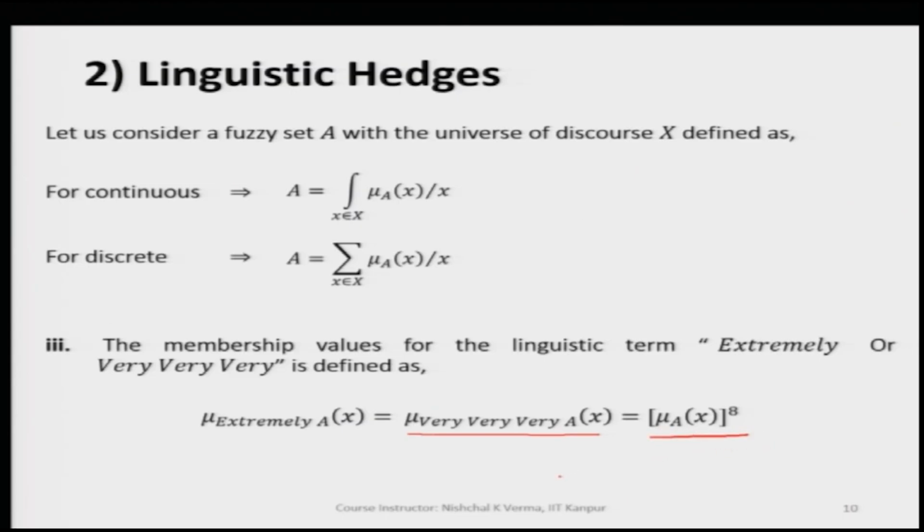This means we have applied very 3 times. If we take very one time, it squares the membership function, meaning mu a of x raised to the power 2. So, this way we are able to make use of the hedge, and we can apply the adjective over the primary term to make the linguistic hedge.